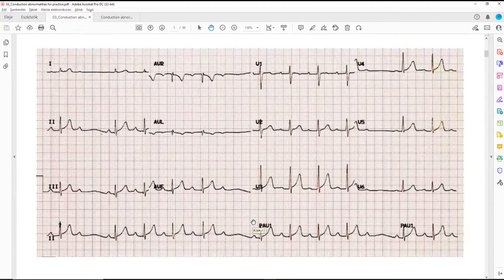Okay, so first I calculated the beats, and since it seems to be arrhythmic, I counted how many R peaks there were in 5 seconds, and I found that there were 60 beats per minute. That's normal.